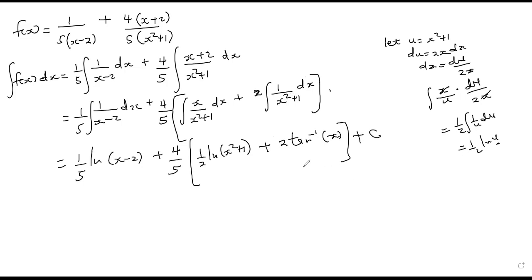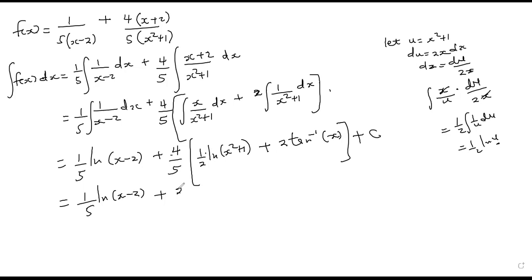So from here, you can really see that you're going to have 1 over 5 ln x minus 2 plus, you can enter this, so it will be 4 over 10, which can be reduced as 2 over 5.